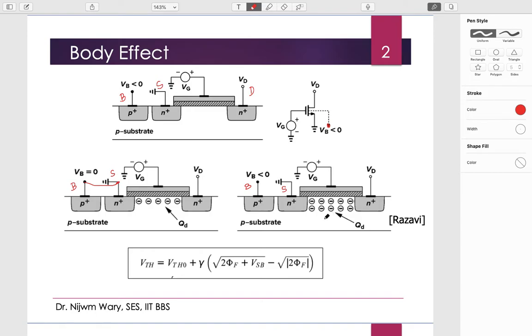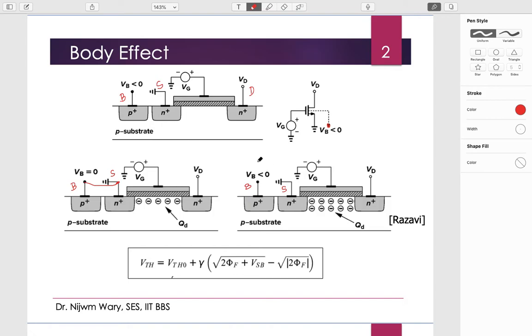Suppose this is the situation when the channel has not been formed. In the normal situation, first the depletion layer happens, and then if you increase the potential, there will be free electrons where the inversion happens, and then current starts flowing.